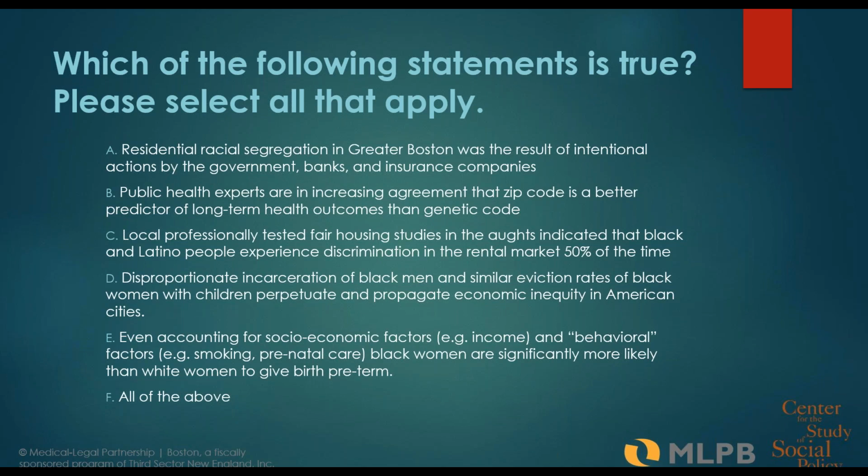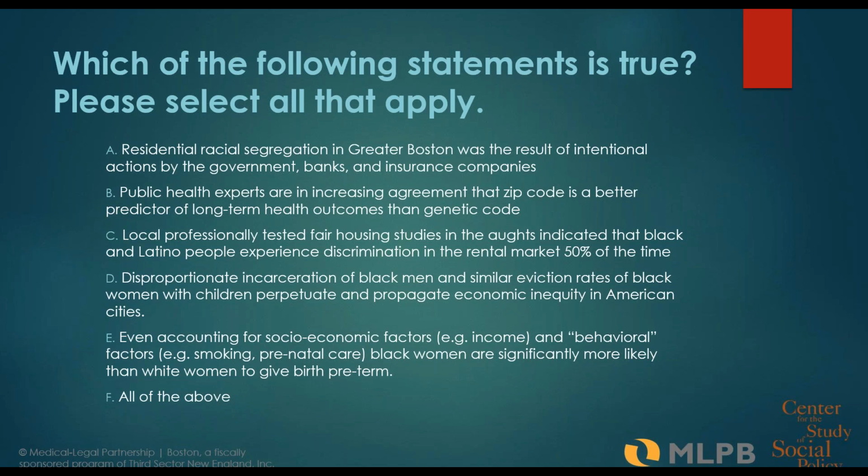Let's give people another 10 seconds to say what they think is true among these statements: that racial segregation in Boston actually was the result of intentional public and private concerted action, that zip code is predicting long-term health better than genetic code at this point, that there's still a high prevalence of straight up discrimination against Black and Latino people in the rental market, and that the disproportionate rate of incarceration of Black men and eviction rates of Black women with children perpetuate economic inequity in American cities.